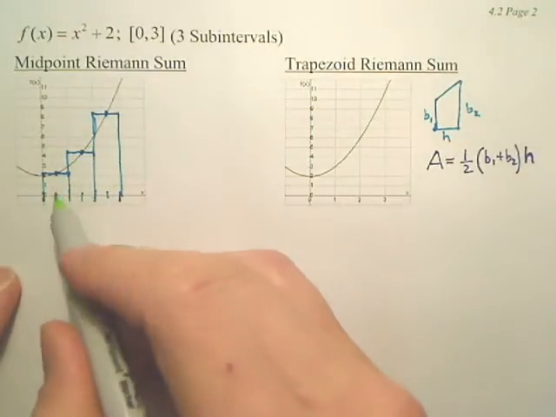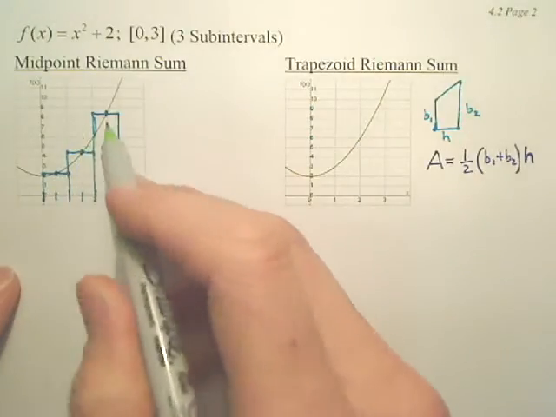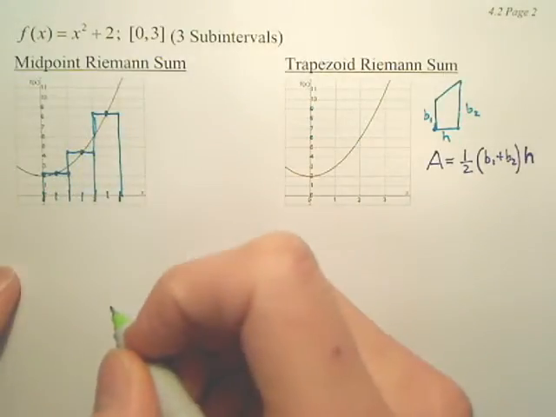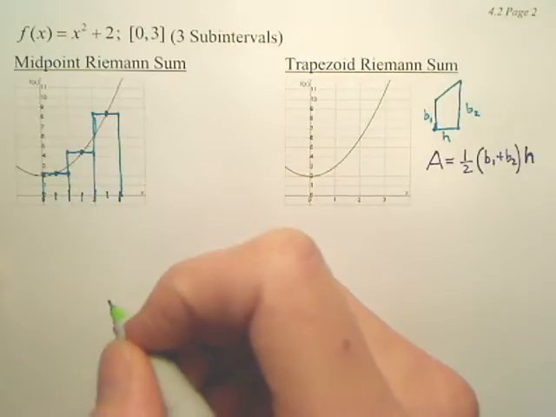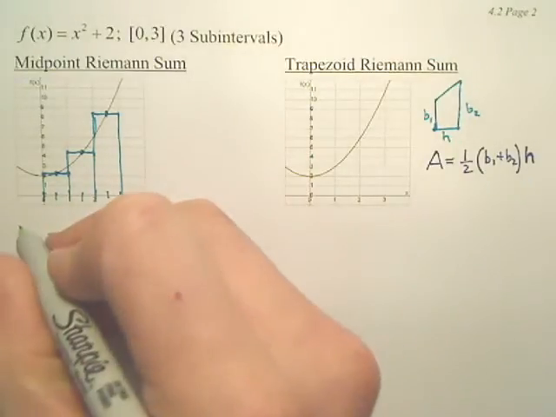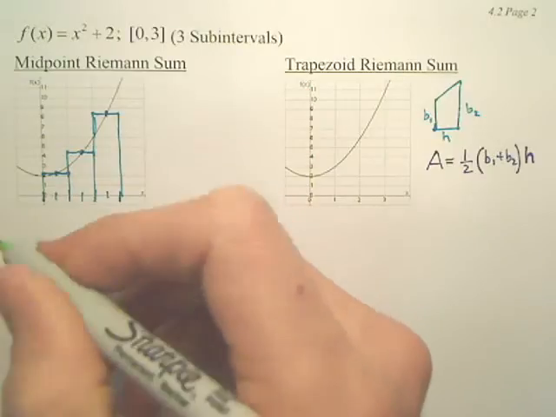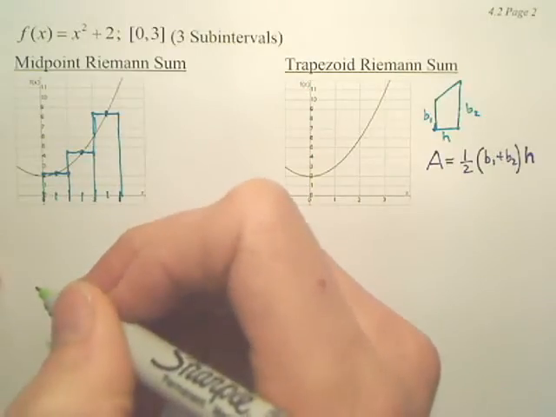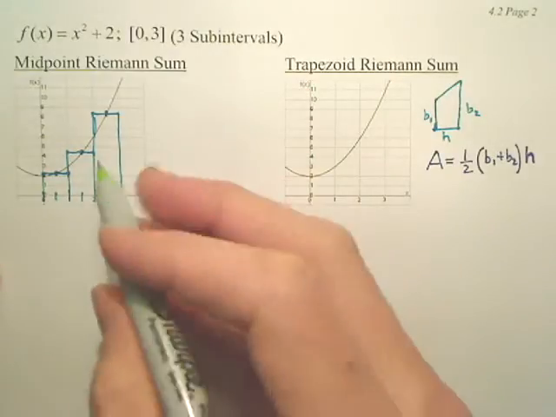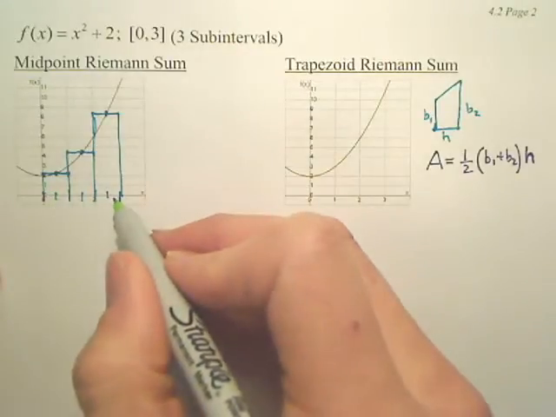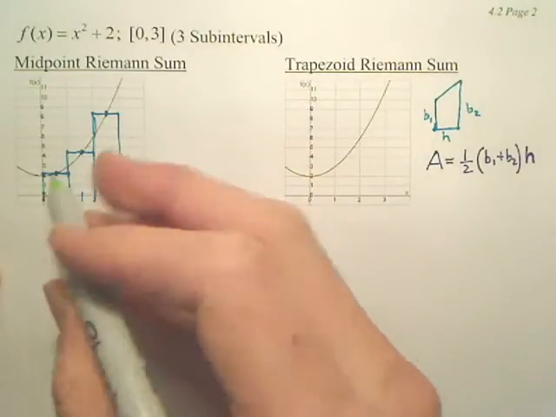Now, is it easy to tell the height of each rectangle by looking at the graph? No. So for this particular problem, you're going to have to plug it into the equation. Now, what is the width of each of these boxes? The width is 1.